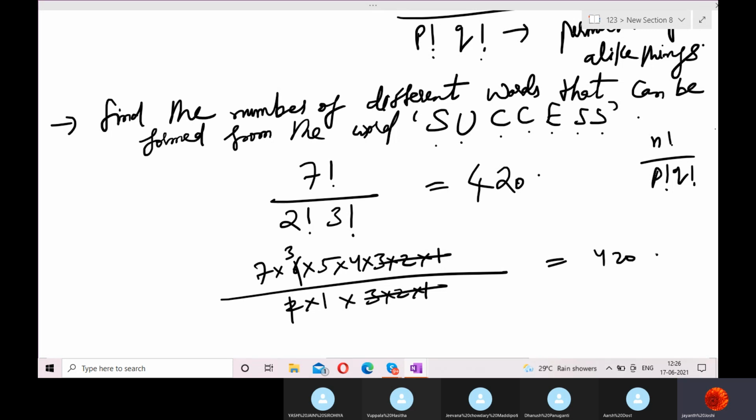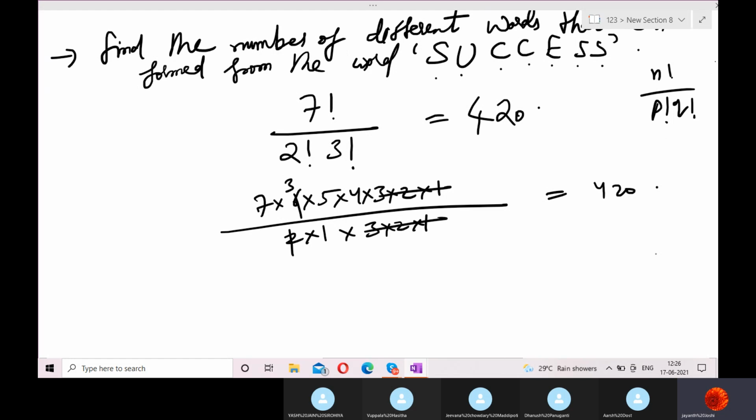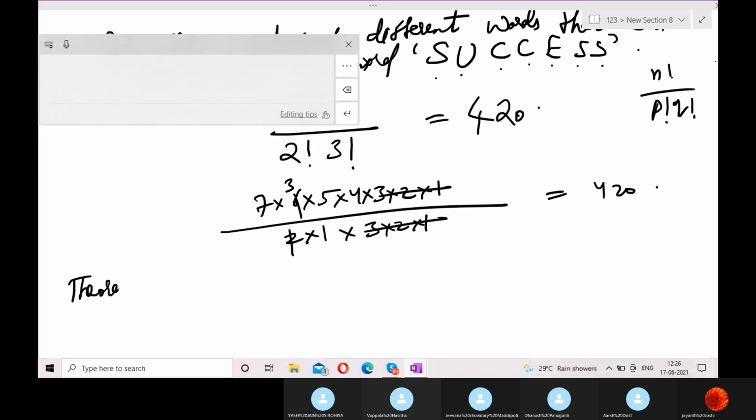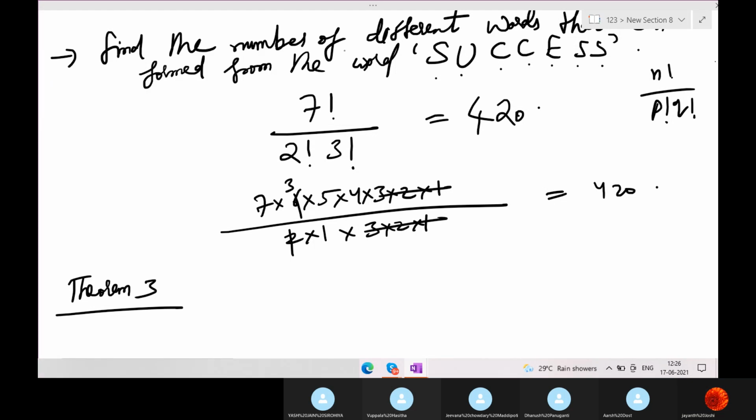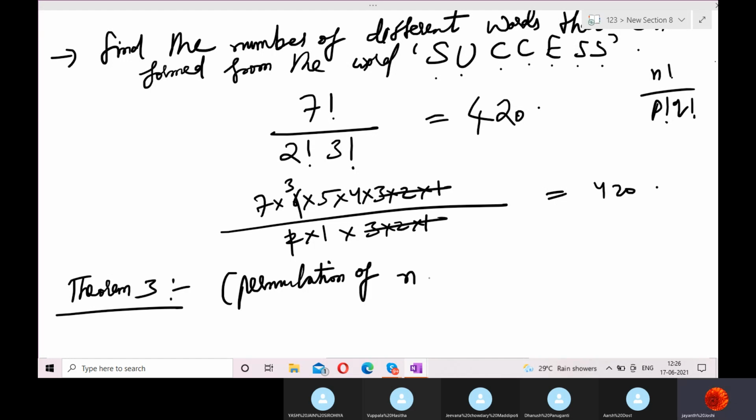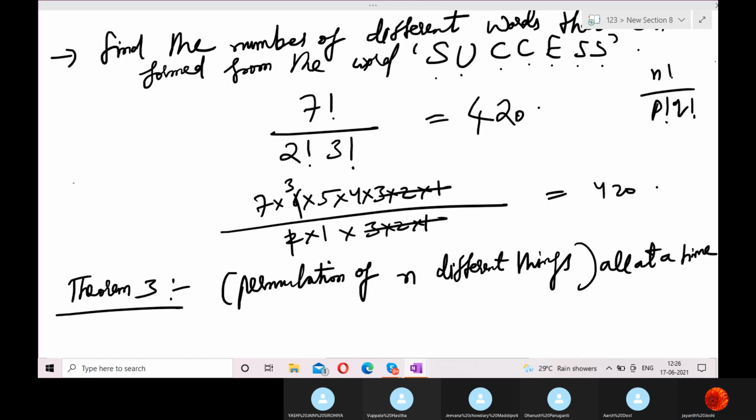Okay, now let's go for the next question. Next theorem, all of you. Permutation of n different things all at a time.